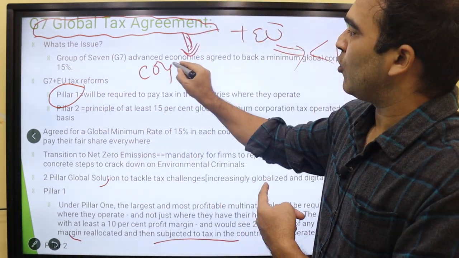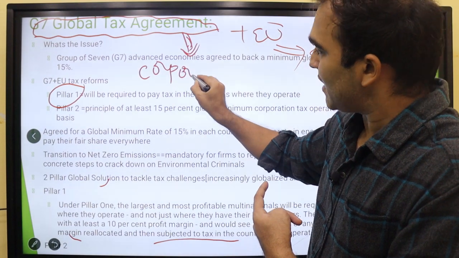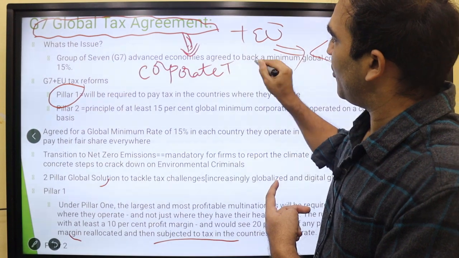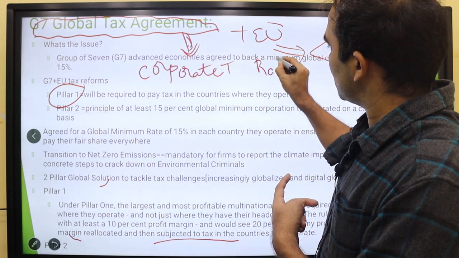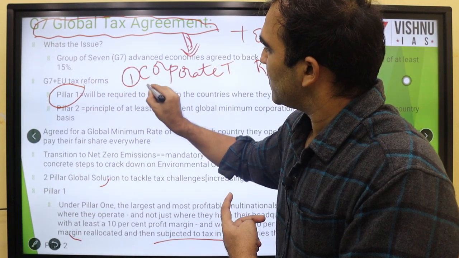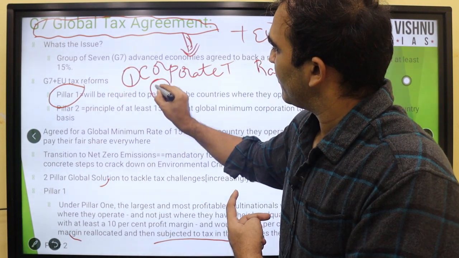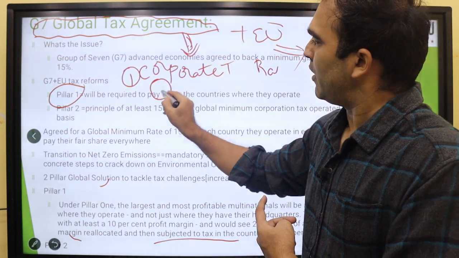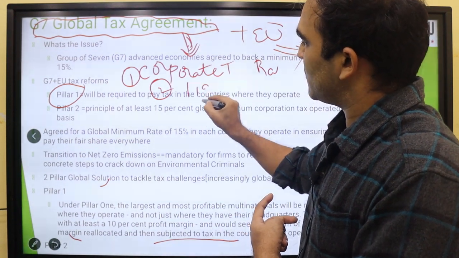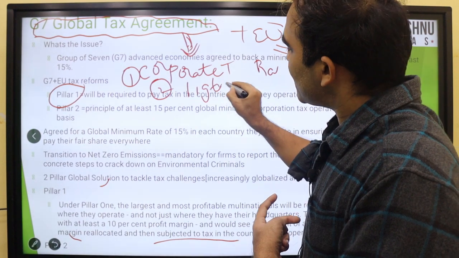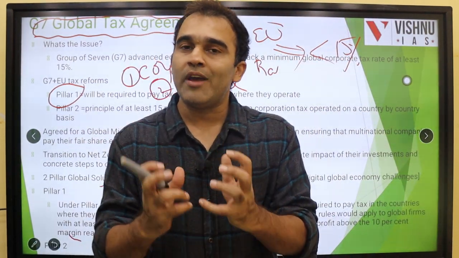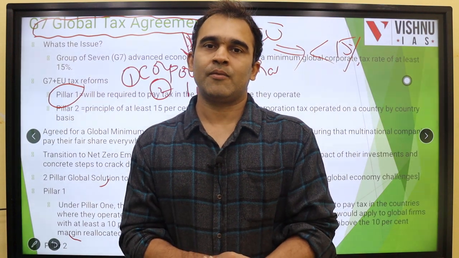One is with respect to corporate tax rates. And the second one is the digital tax, or taxing the digital revenues, the revenues of these new age digital companies.